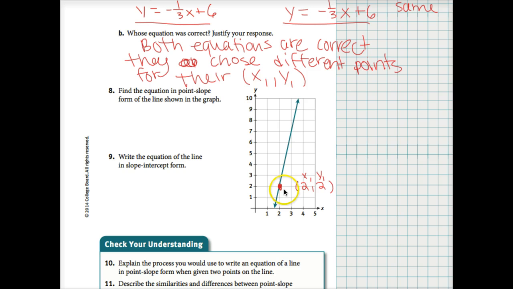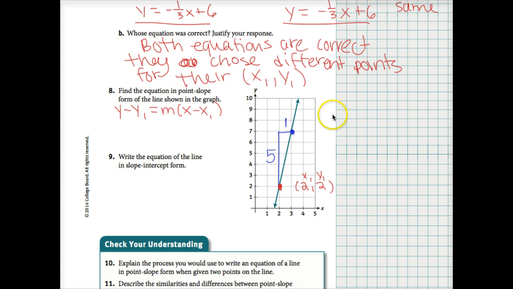So the other thing I need in point-slope form, remember, other than my x1, y1, is my slope, my m. So here's the formula again. So m, remember, I get by counting rise and run when I'm on a graph. So here's the other exact point that I see. So I'll draw my rise, run triangle and then count the values. So 1, 2, 3, 4, 5 is my rise.